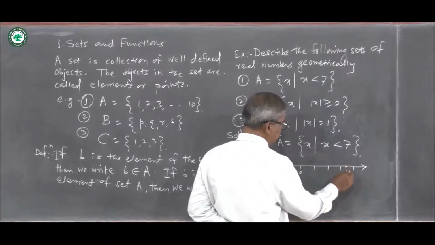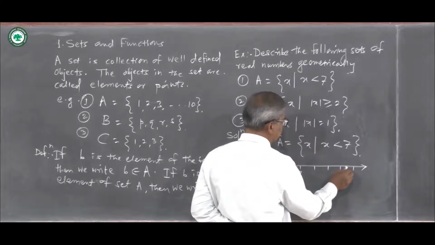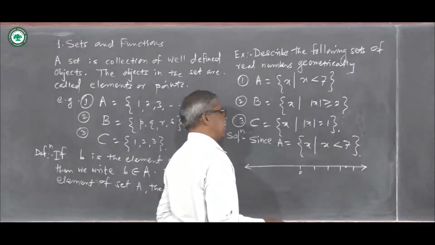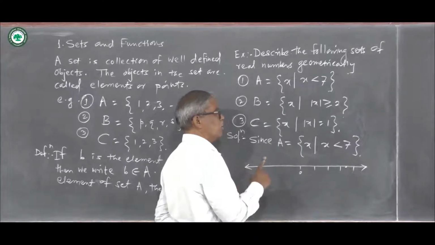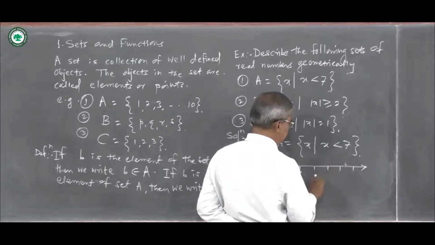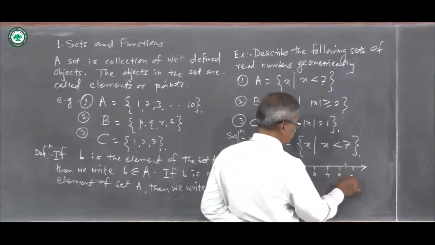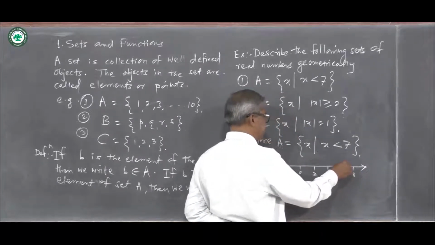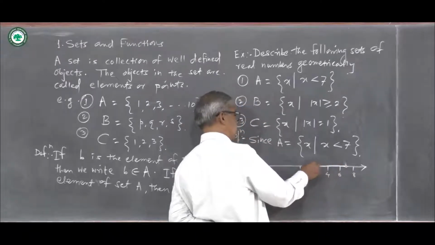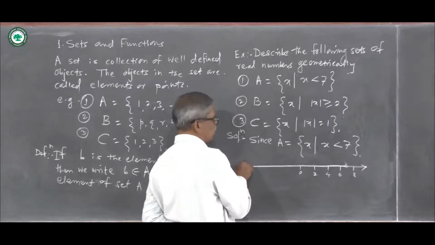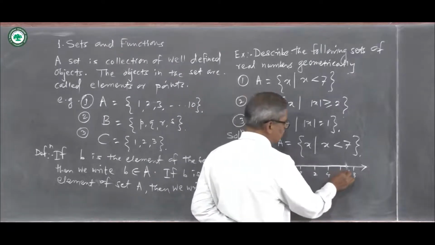Here is 7. The set of all x such that x is less than 7, not equal to 7. Therefore, 2, 4, 6, 8. Here is 7. All elements less than 7 are present on the left-hand side of 7 except 7.